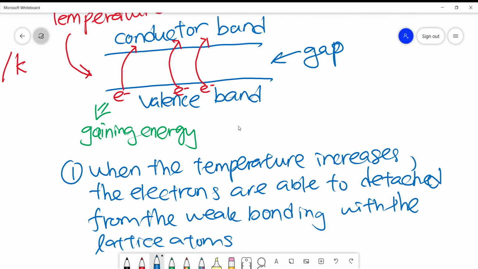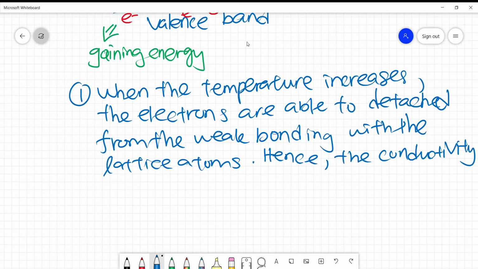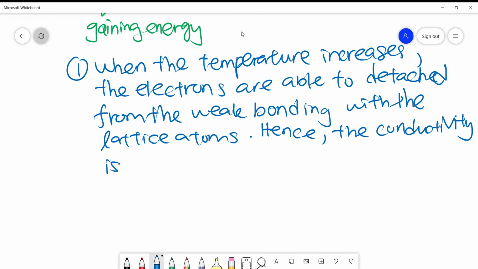Hence I can conclude that the conductivity is increasing.